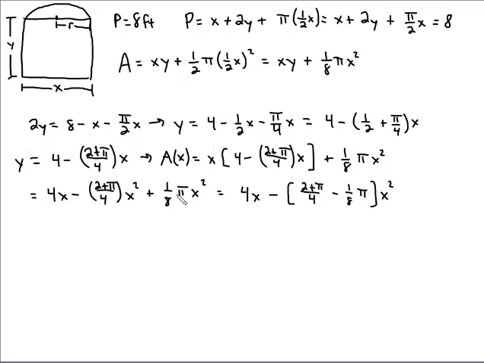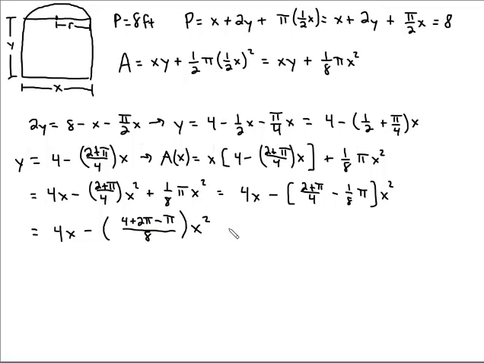Okay, so I factored the x squared out of here and really also factored out a minus, so that's what we get. Let's go ahead and combine these, so we'll get a nice single term coefficient there. So we'll get 4x minus, the coefficient now will be, the common denominator here is 8, so we'll have to multiply that by 2, so we'll get 4 plus 2 pi minus pi over 8 x squared.